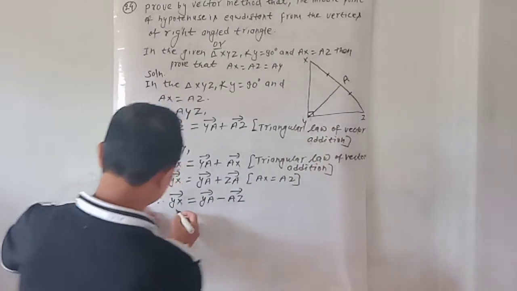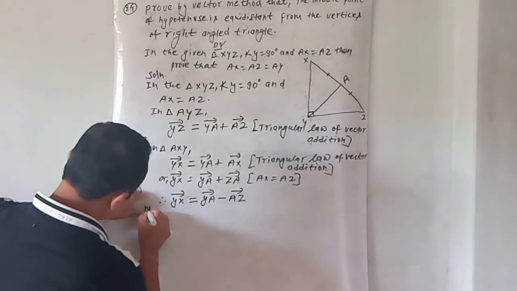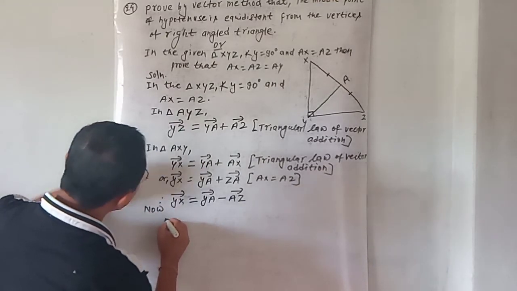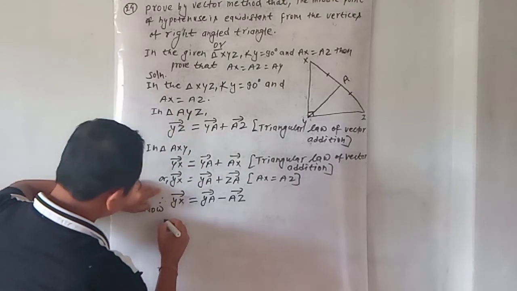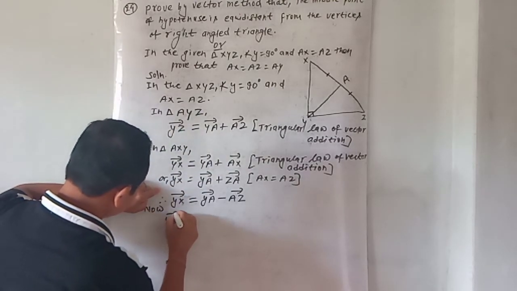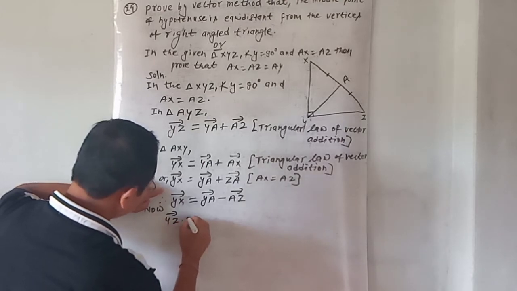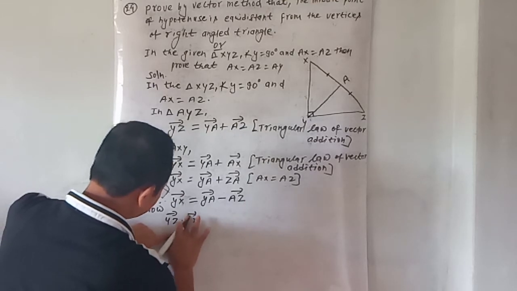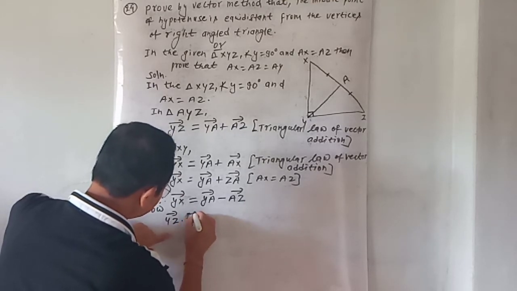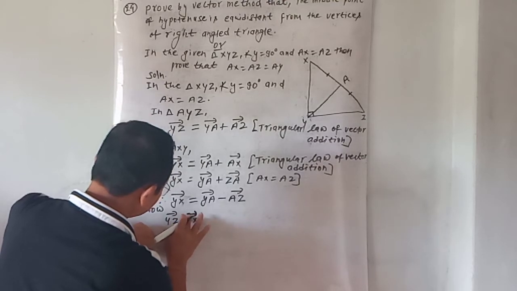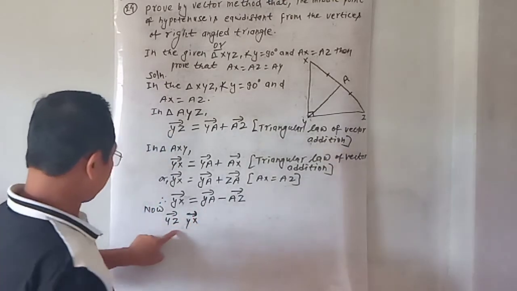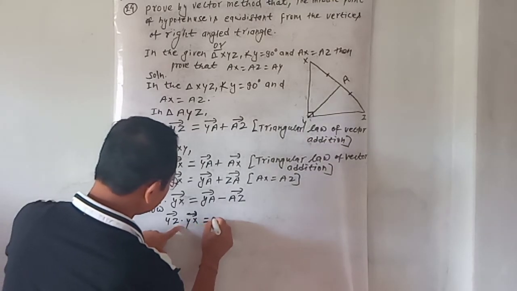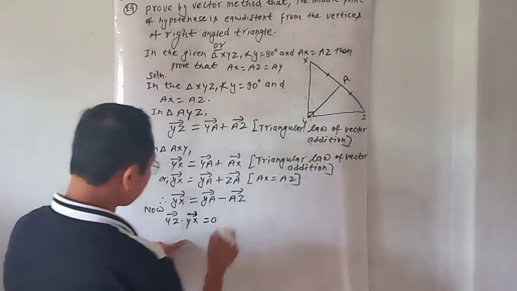So here now vector YZ dot vector YX is equal to 0.